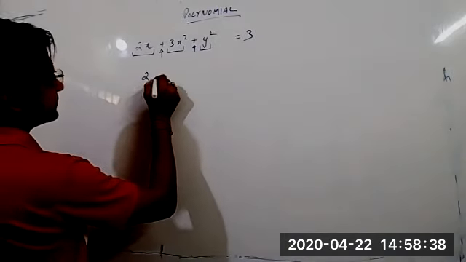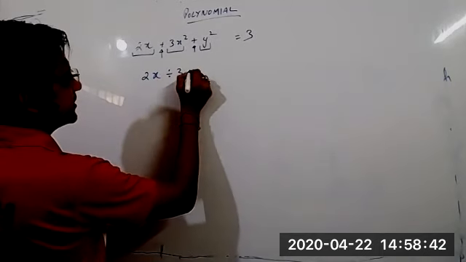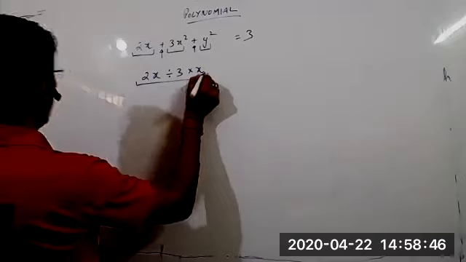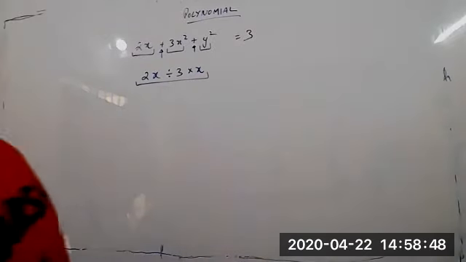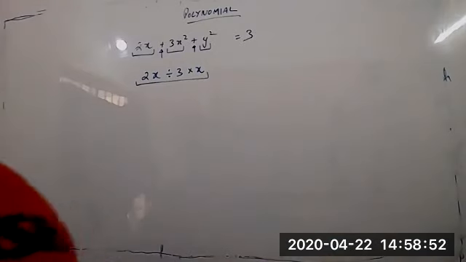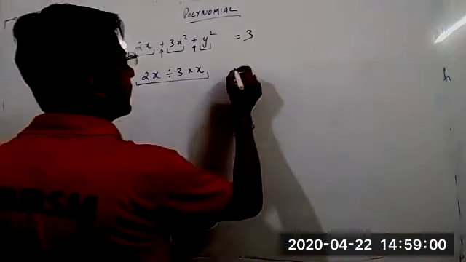If I write 2x divided by 3 multiplied by x, how many terms does it have? Ashish, how many terms? Sir, 3. Very good. Prithvi? Sir, 1 term.